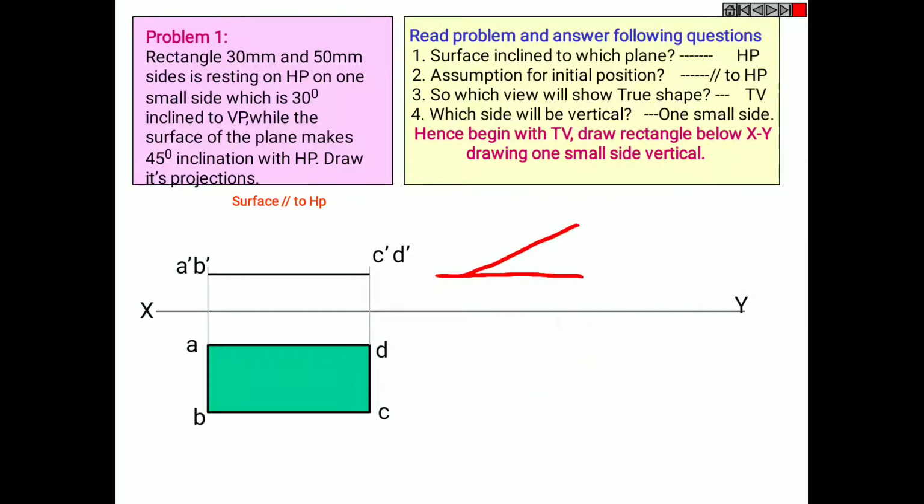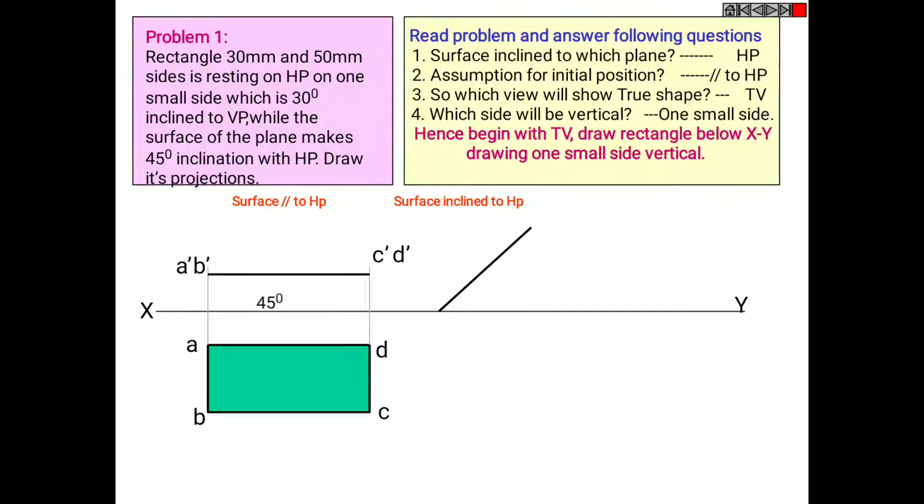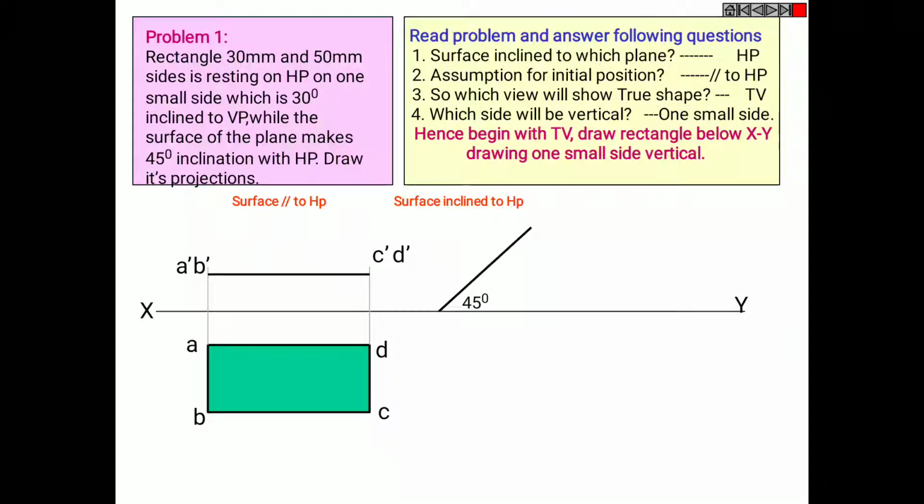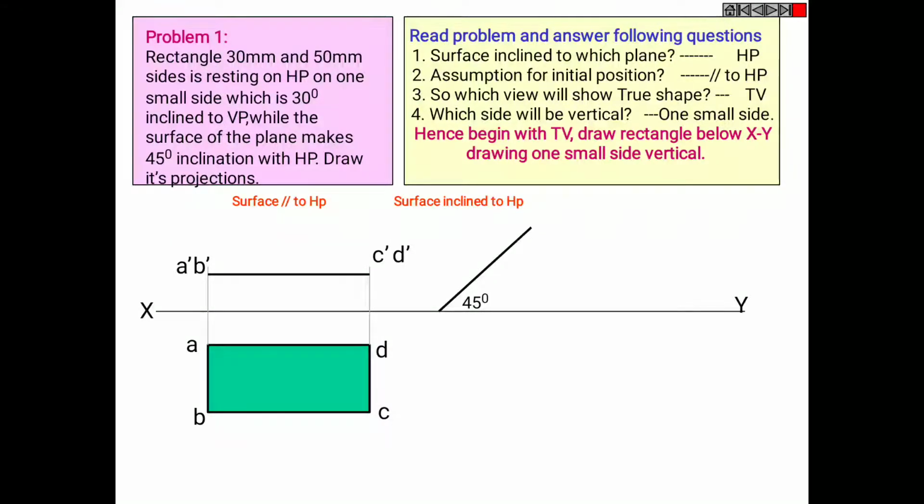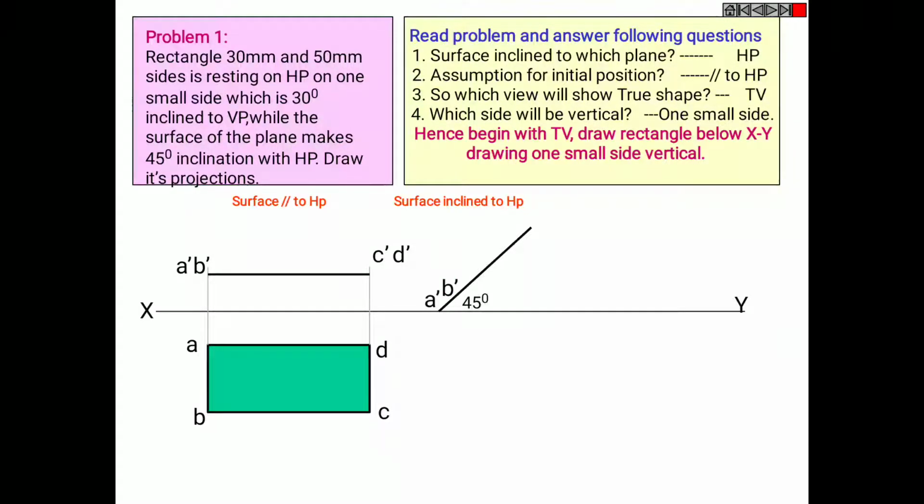We'll see it in this. See, there is a surface inclined to HP, which is drawn in VP, which is A dash B dash and C dash D dash of the same length as in the first case.